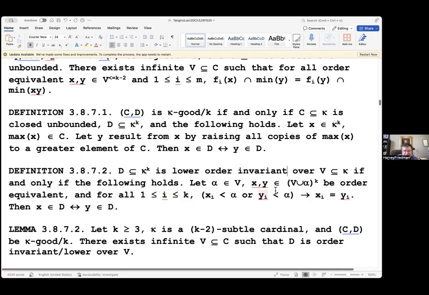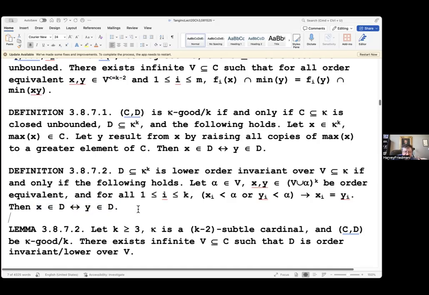If and only if, whenever x and y are in V union alpha to the K, where alpha is in V, they're order equivalent, and they're equal below alpha, so above alpha they have to be in V, right? And alpha is in V. Then we have equivalence. So this is a kind of indiscernibility, relative to parameters below, right?